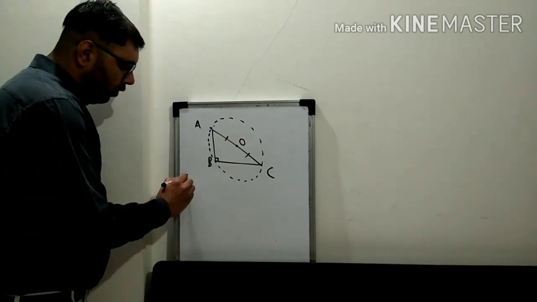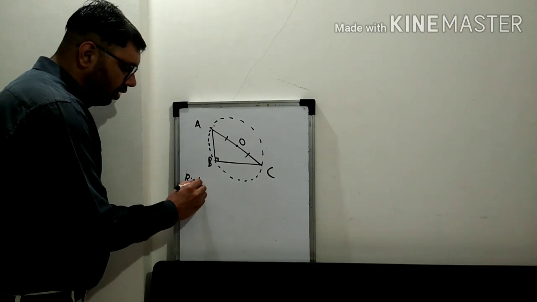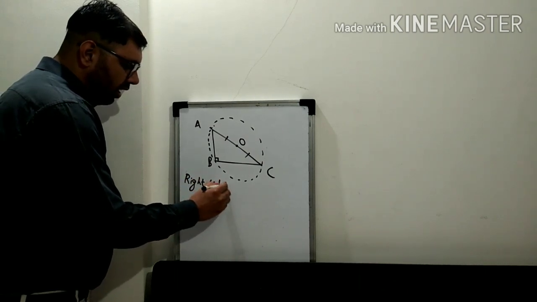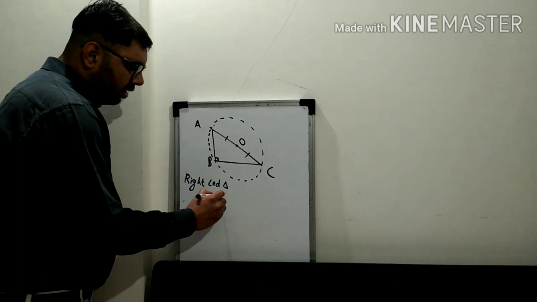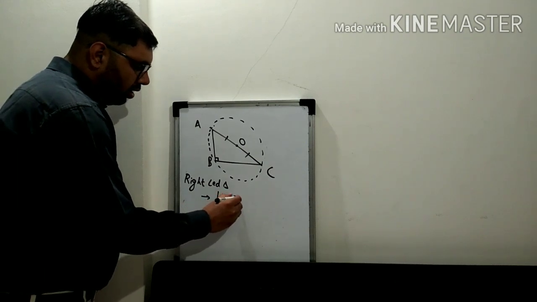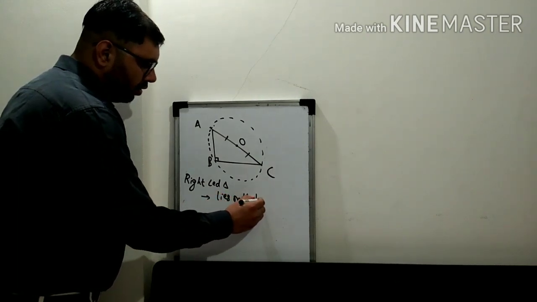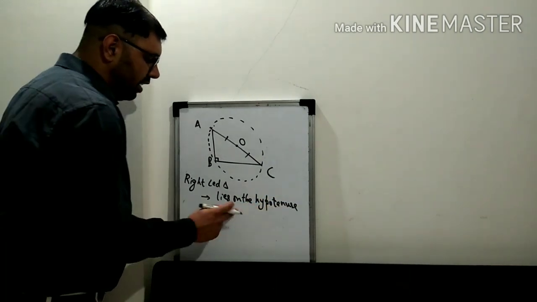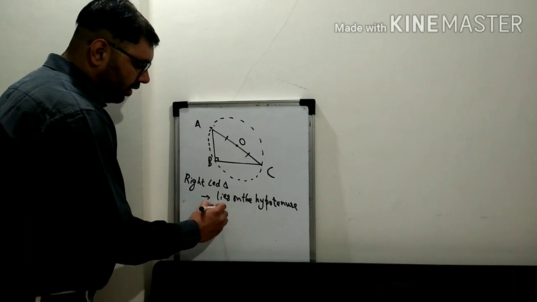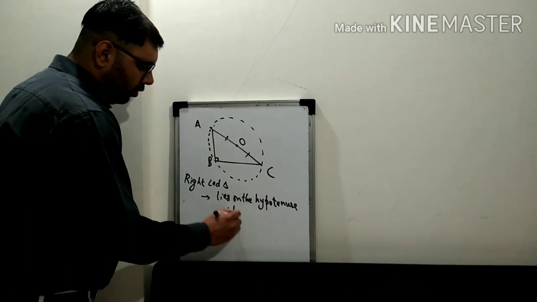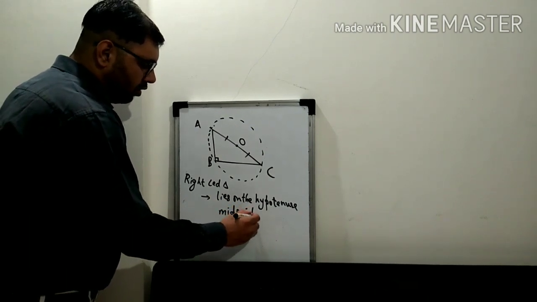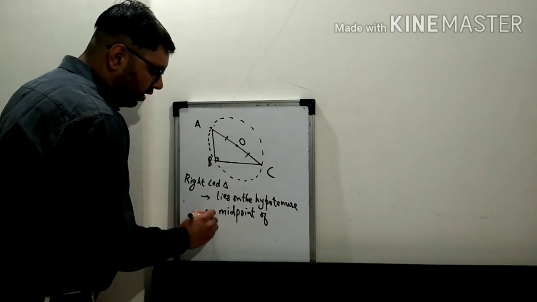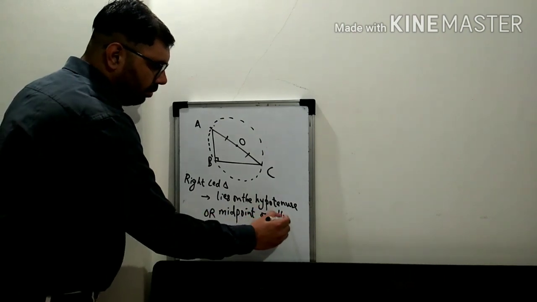Correct? So for a right angle triangle, always remember circumcenter lies on the hypotenuse, or precisely we can say that it is the midpoint of the hypotenuse.